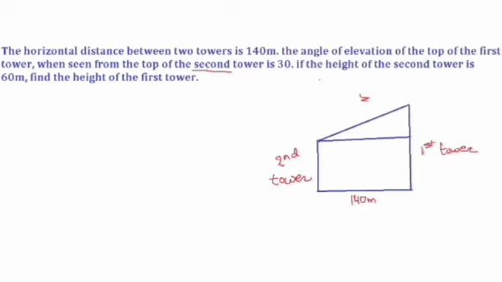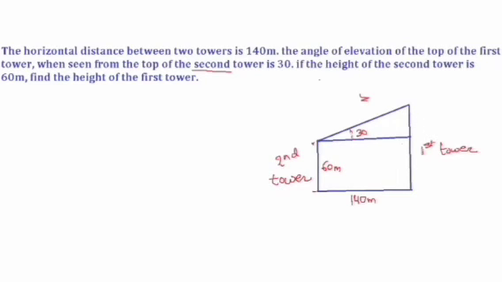So from here to here, this will become 30 degree. If the height of the second tower is 60 meters, now it is already given the height of the tower is 60 meters. So from here to here, it is given 60 meters. We need to find out the height of the first tower. So we need to find out this height.